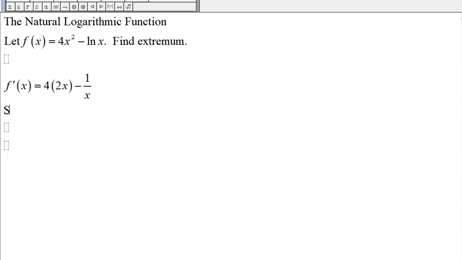So this is equal to 8x minus 1 over x. Next we set this equal to 0 and solve for x.